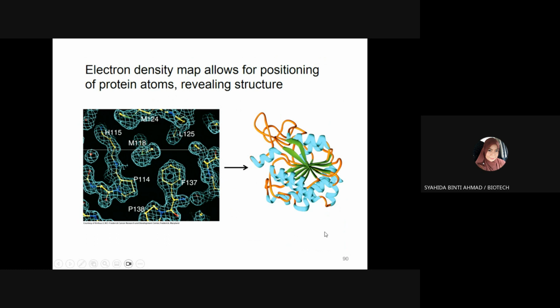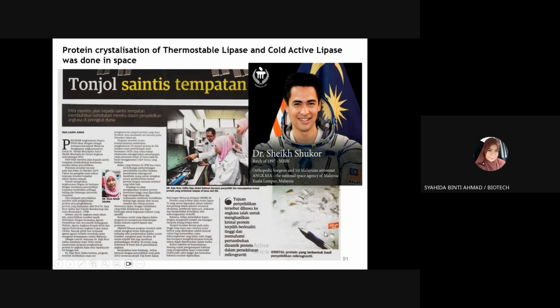Okay, and just to share with you, this is very long ago, our team in the biotech. I'm not sure whether you recognize this is Professor Dr. Rajan Nozaliha. She actually already retired. I'm sure most of you know Dr. Sheikh Muzaffar Shukor, right?